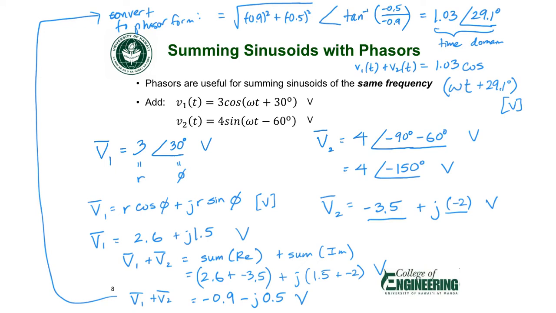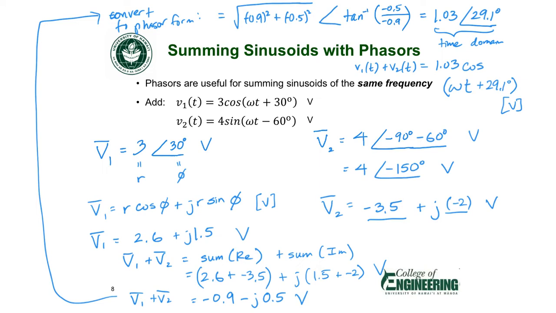Yes? How do we know that it's going to be like a cosine and not like a sine, for the time domain? You mean right here, going from here to here? Yeah, how do we know it's going to be cosine? You can write sine here, but you have to keep in mind that, like we did here, if we put in a sine, we put in a negative 90 degrees.